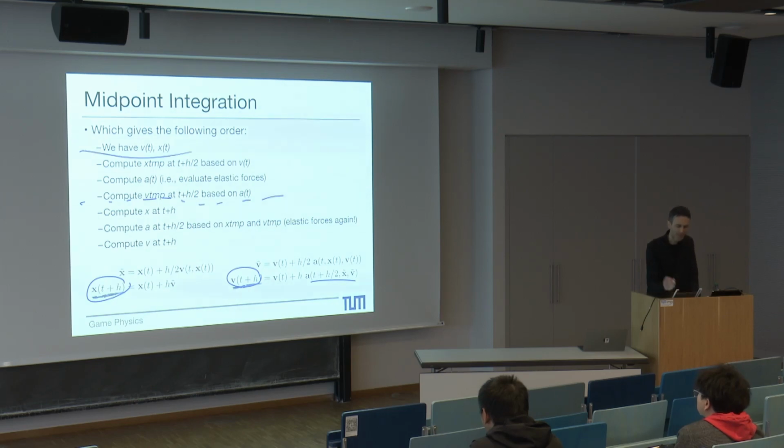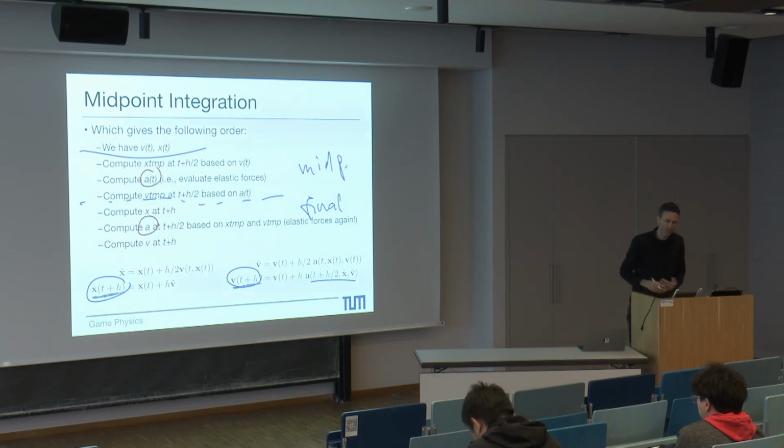This is just the old step, and then this is the first midpoint step, and this is the final update step. But both of them actually need A. And so now this is really potentially a very expensive part. We need to evaluate A first at our original spot and then at the midpoint again to make that update. Does it make sense?